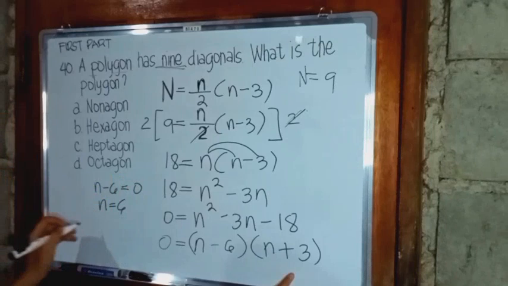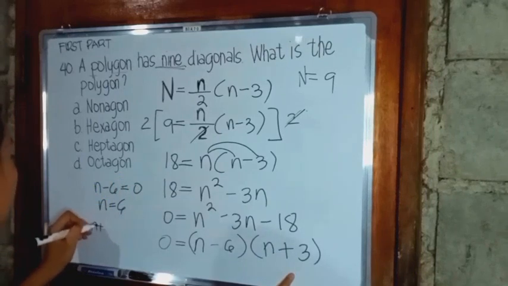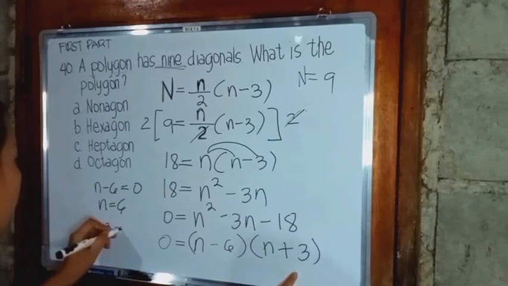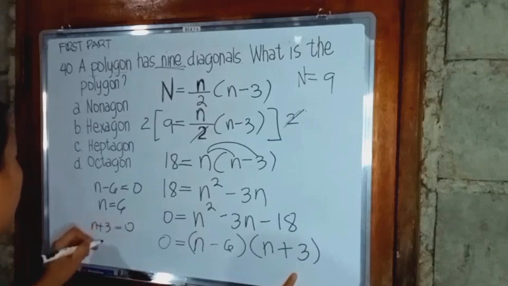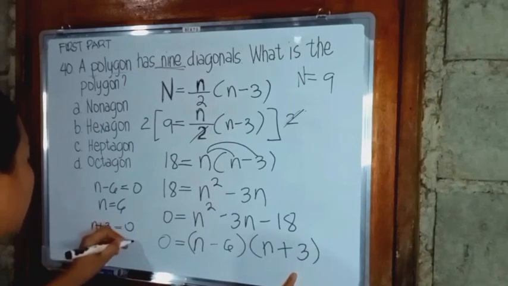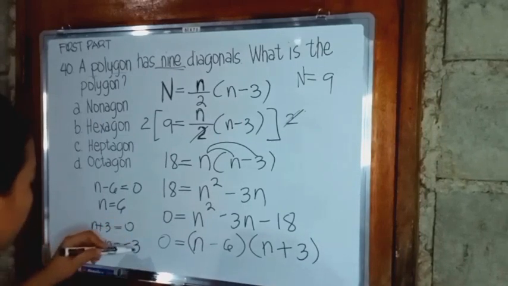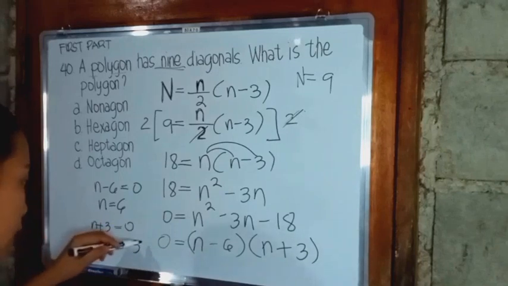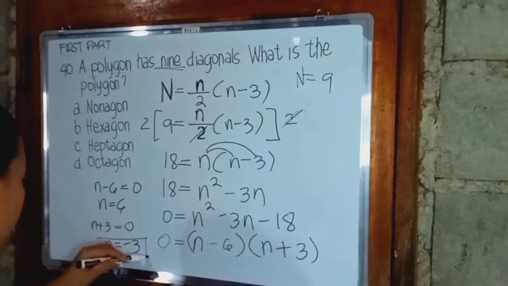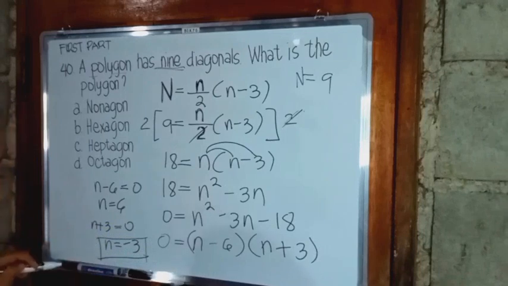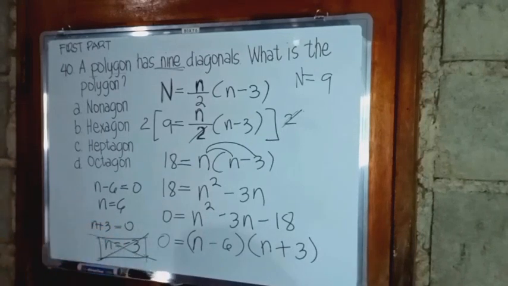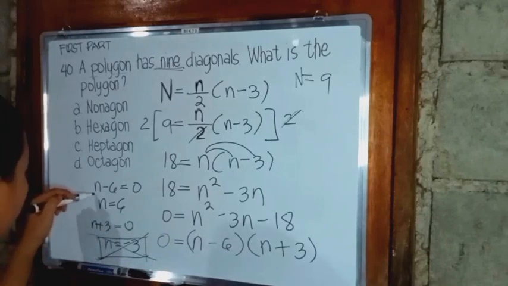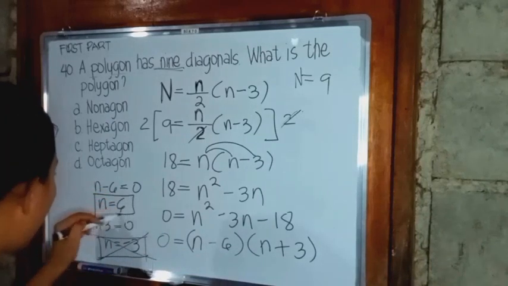This one, n plus 3 equals 0, so n is equal to negative 3. There is no negative number of sides of a polygon. Therefore, this is not included in the solution. So the polygon has 6 sides.